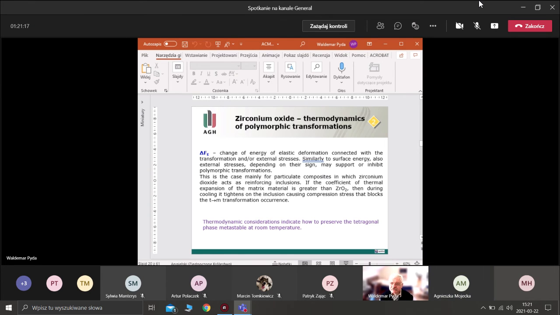The change of energy of elastic deformation. What are the sources of this component? What are the sources of the change of energy of elastic deformation in the zirconia containing systems?